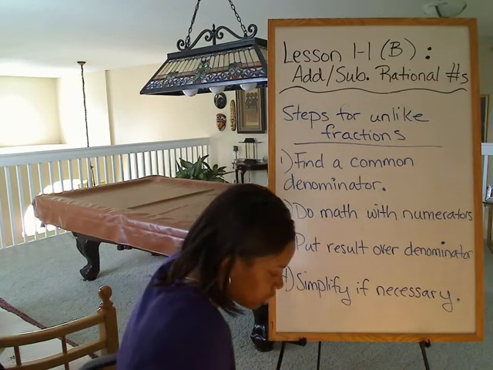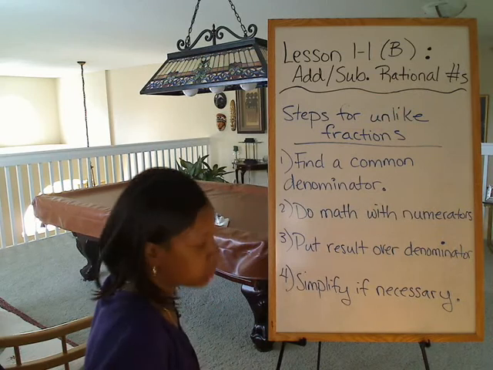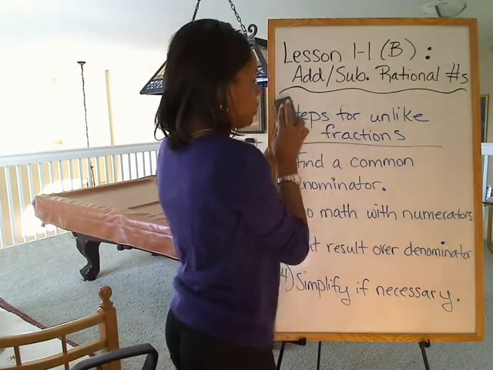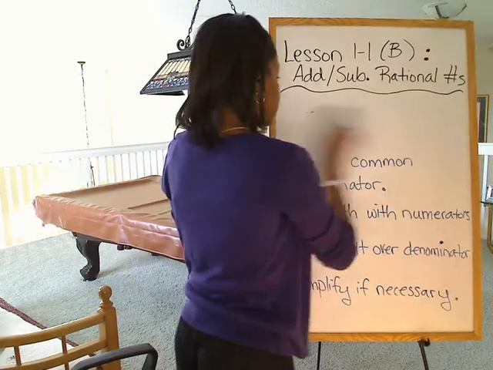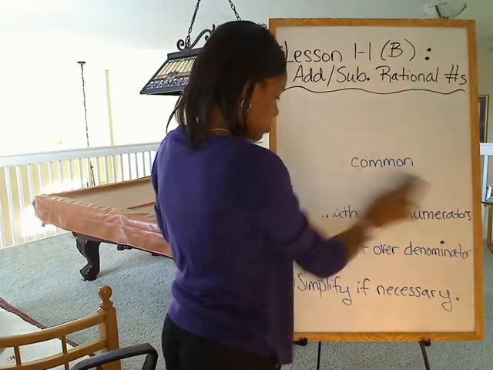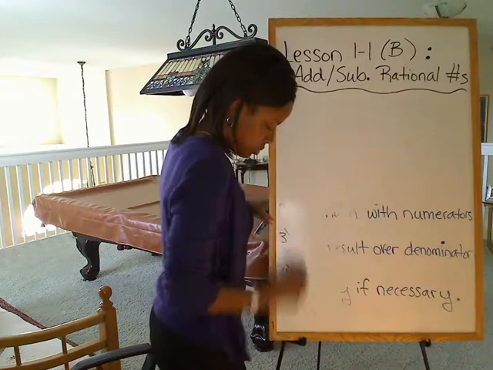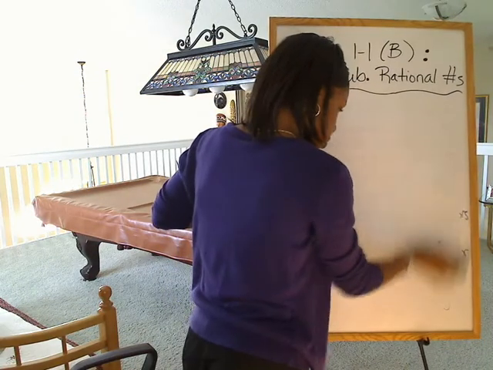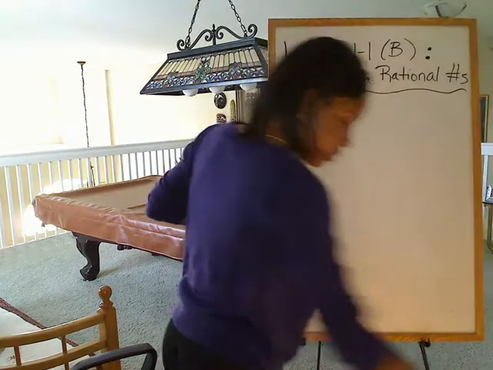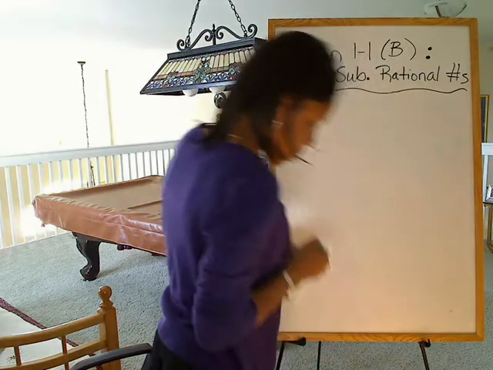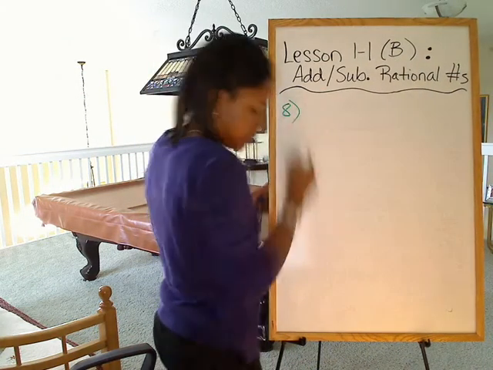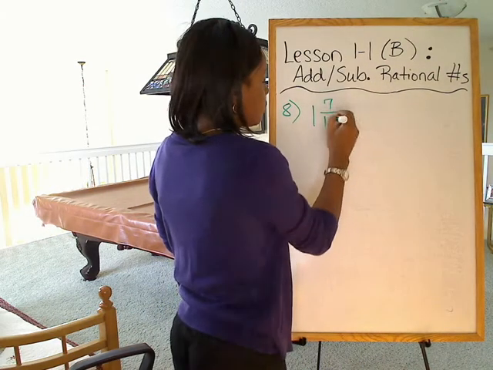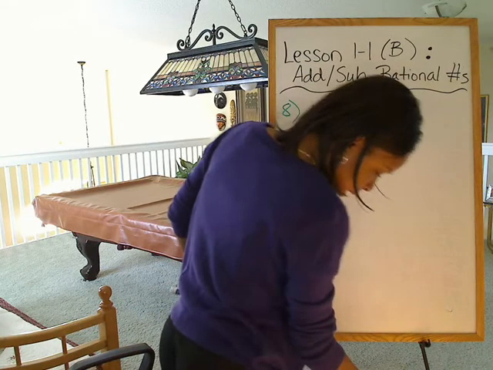The first example I'm going to do is number 8 on your 1-1 homework practice B. You have 1 7/10 plus -5 3/5.